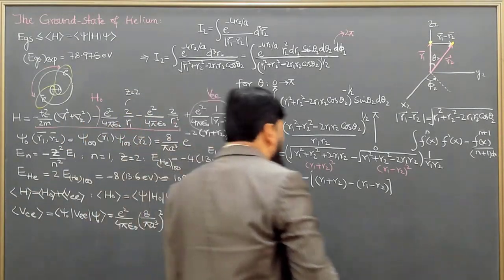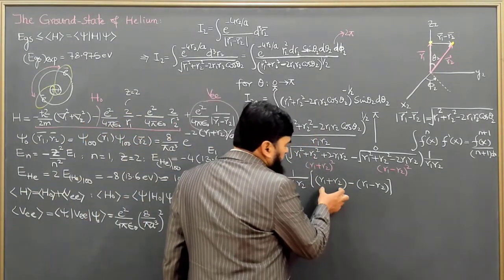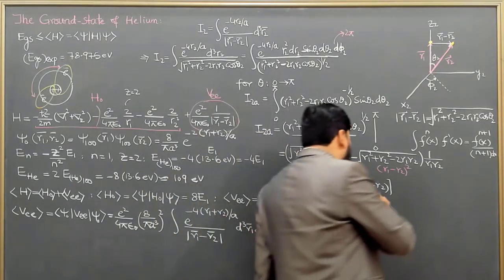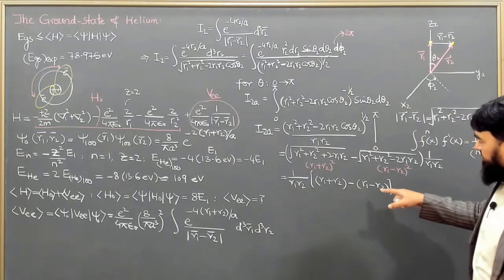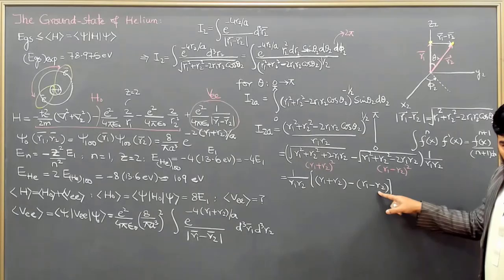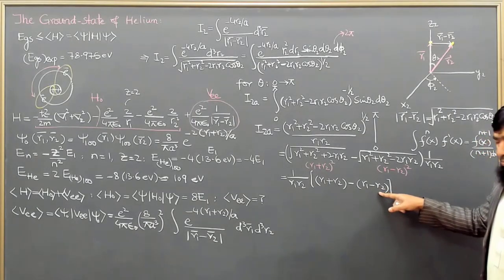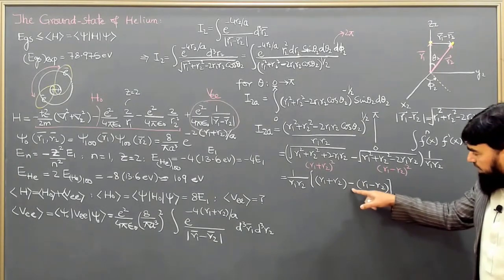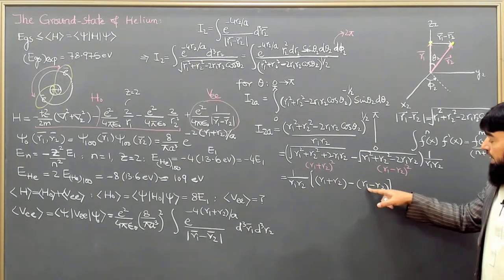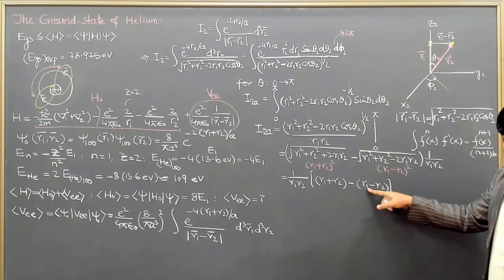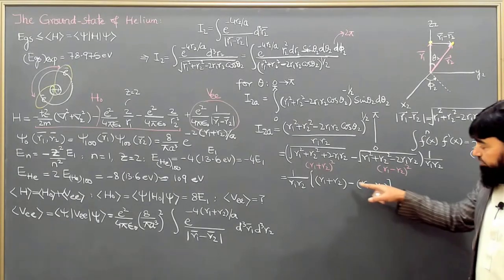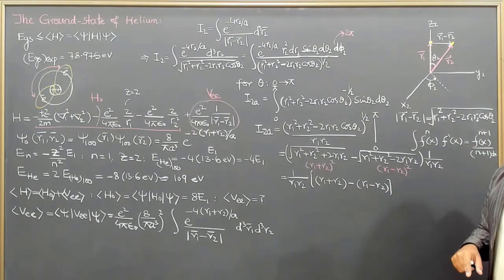Let's say, for example, here it doesn't matter if r1 is less than r2, but here it does matter. Look here. If r1 is greater than r2, then this whole will be positive, and when it comes outside, it will become negative. If r1 is less than r2, then this is negative. When it comes out, it will become positive.